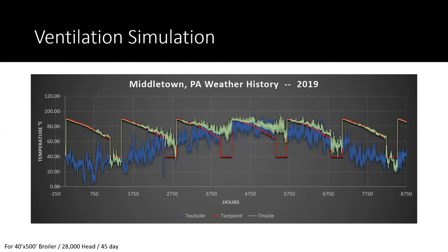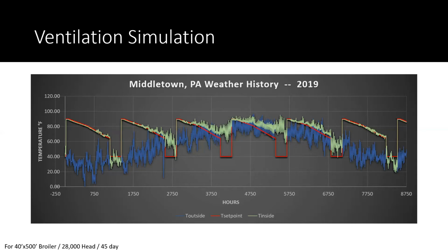So here we have simulation results for a 40 by 500 broiler barn. We started with about 28,000 birds with about a 5% mortality rate, and we were growing a 45-day broiler. So you can see the declining red lines, that's the set point. If you count up those declines, we have a little over 6 turns in this simulation in this year.